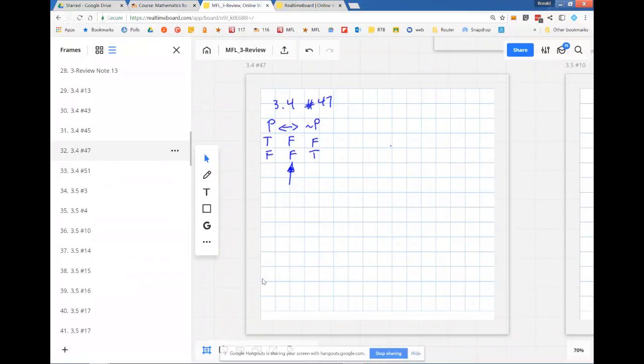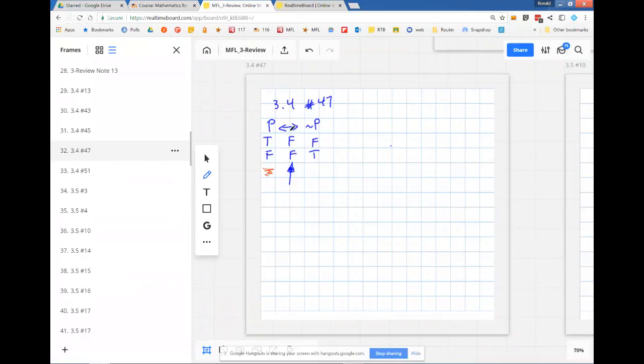So I've got the truth table up here. It's P if and only if not P. The if and only if is another way to say a biconditional. Because there's only one letter, this truth table on the left here, that's the only two ways the statement P can be, true and false. And then not P is just the opposite, false, true.